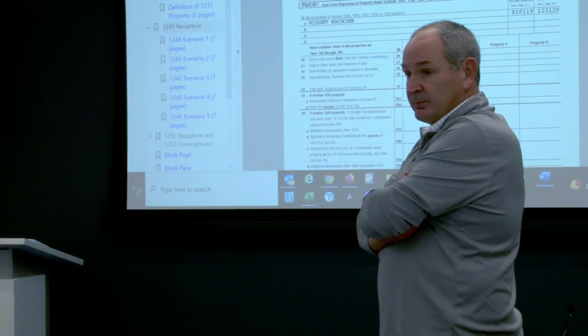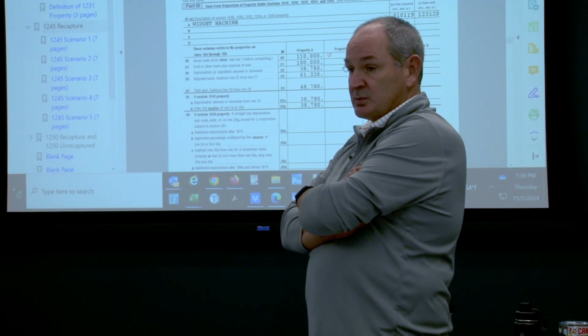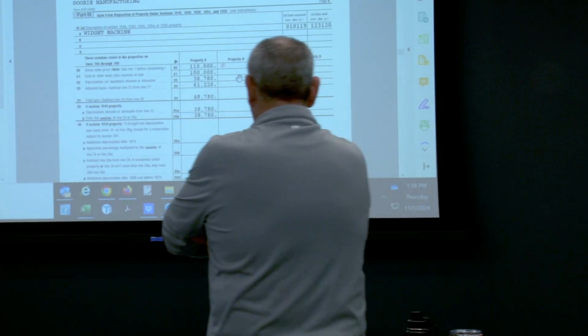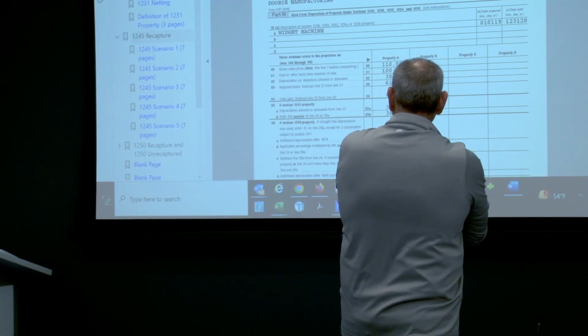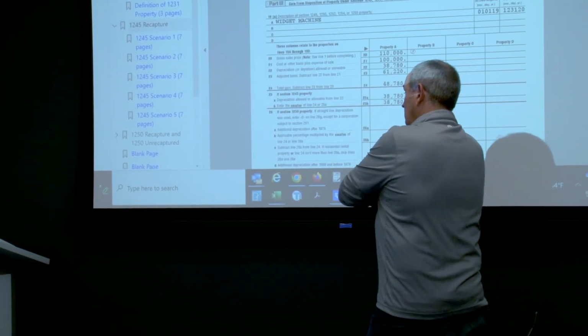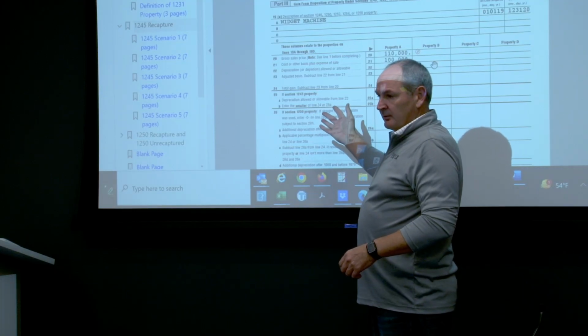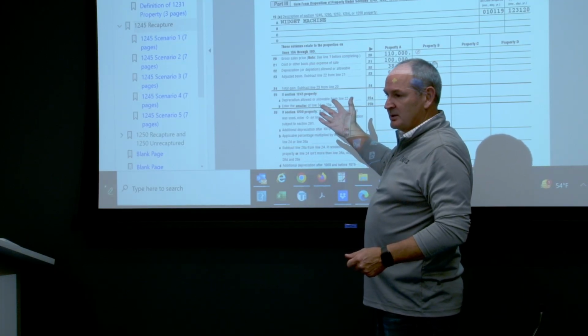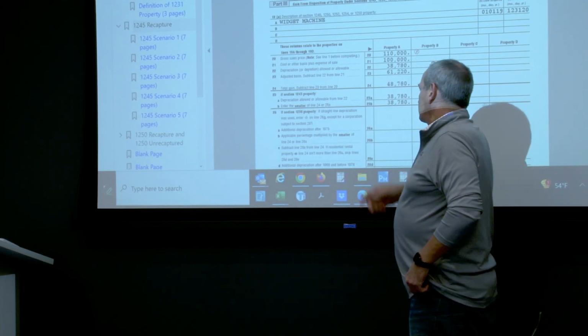Step 2 is now we have to discern how much of that is 1231 versus 1245. So then we have to go down to line 25 to say, hey, what depreciation was allowed or allowable? And remember how we talked about allowed and allowable the other day? If we were allowed to take bonus depreciation and didn't, they're still going to ding you for it from a basis perspective. We took 38,780.